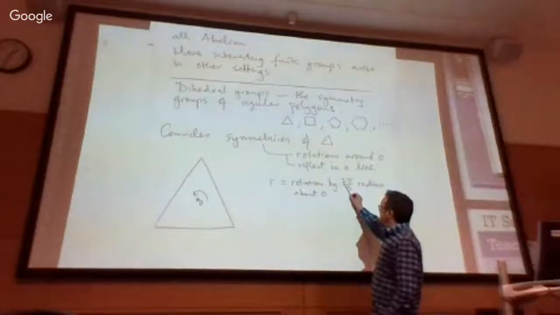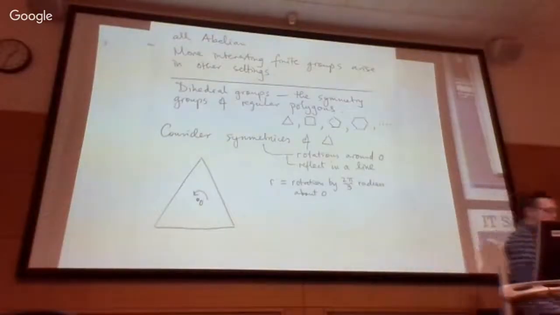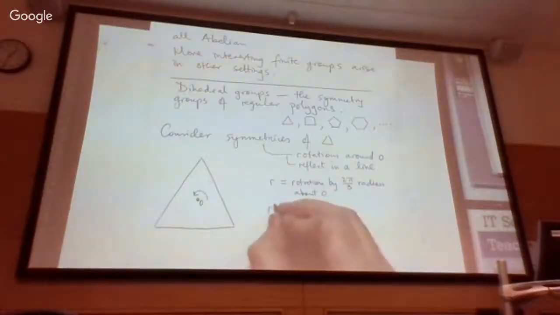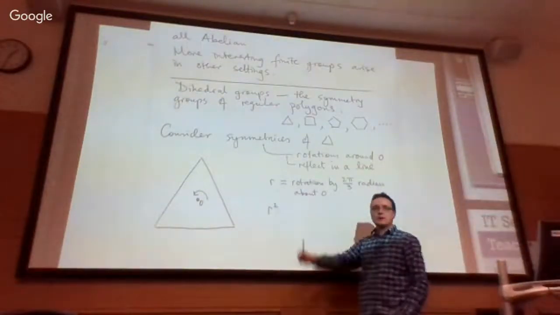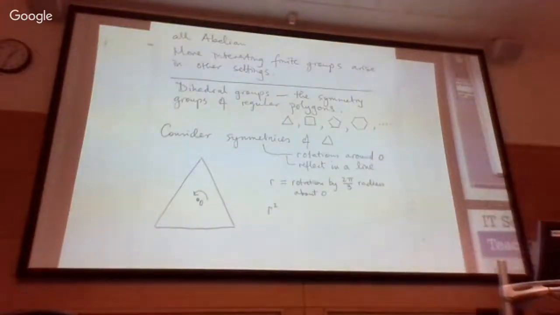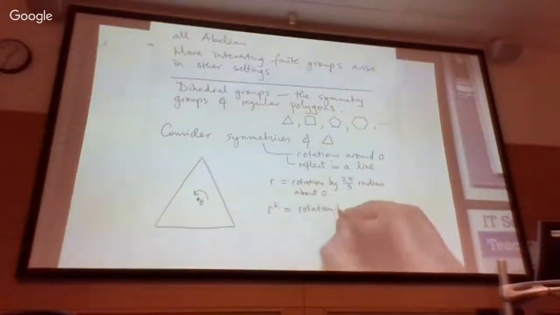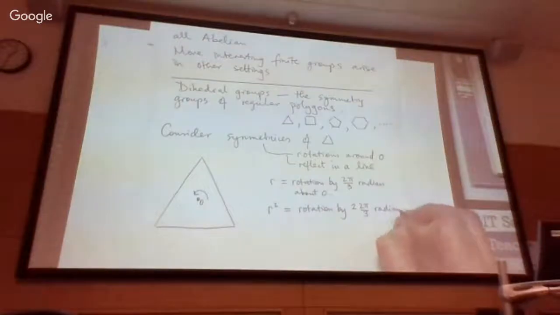You can also rotate it by 2/3 of a full turn. For reasons that will become obvious, I'm going to call this rotation R squared. So this is rotation by 2 times 2 pi over 3 radians, so 2/3 of a full turn.